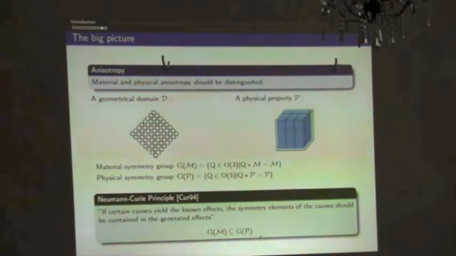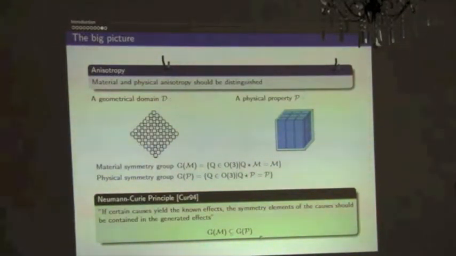One well-known example is, if you read some crystallographic book, it will be said that structures that are hexagonal, invariant by a six-fold rotation, will produce elasticity that is transverse isotropy.